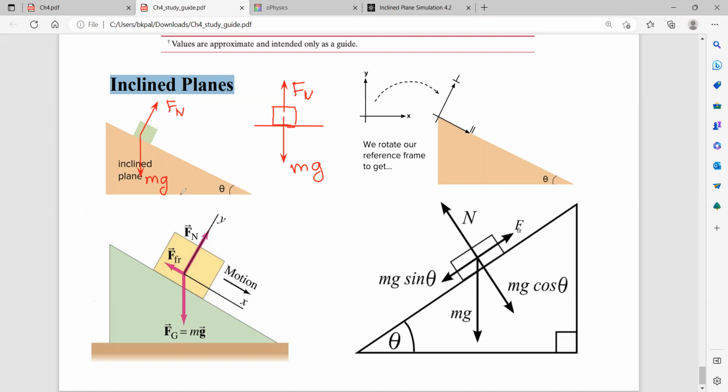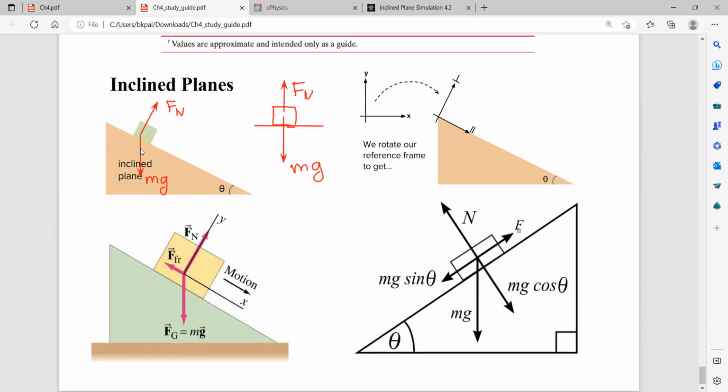Okay, now because we are dealing with the inclined plane problem, we do not use our usual coordinate system. So remember that we use this coordinate system where the horizontal plane is the x-axis, and vertical plane is the y-axis. Okay, but if we use this usual coordinate system, then you know that it will be difficult to solve an inclined plane problem.